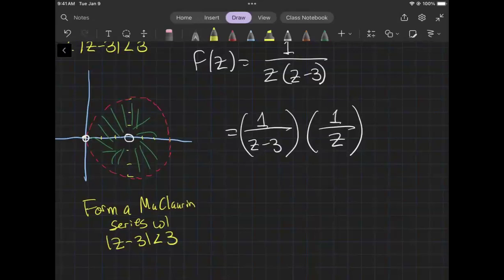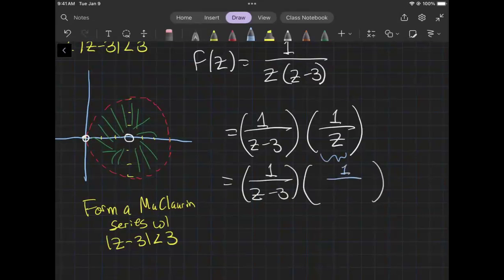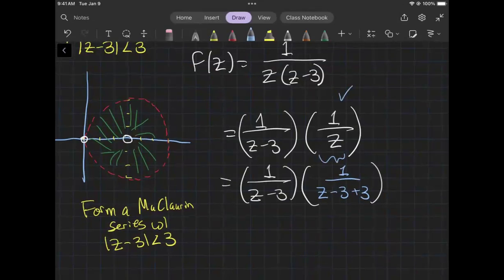Okay, so if I look at 1 over z here, this equals 1 over z minus 3 plus 3. Just to compensate for what 1 over z equals, right?